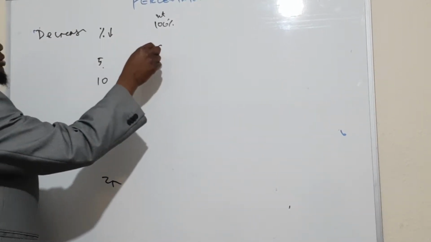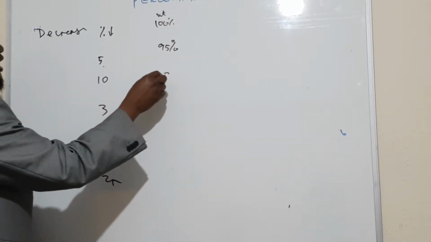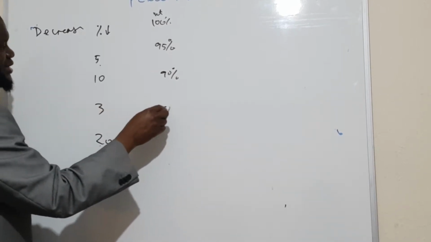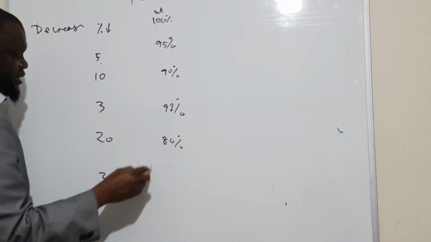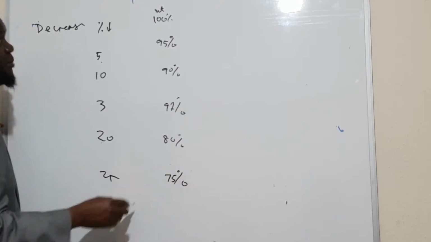So this will be 95%. What we are left with now is 95%. This one, what is left is 90%. This one, 97%. This one, 80%. This one, 75%.